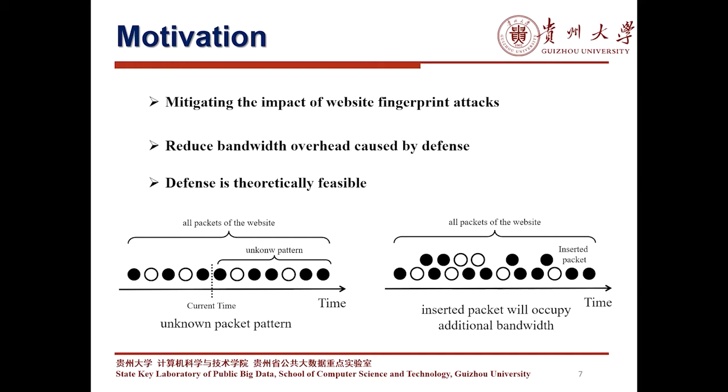Therefore, reducing bandwidth overhead is also important. Finally, the defense should be applicable in practice. Website Fingerprinting Game and Mockingbird use global traffic to achieve the purpose of defense, which is likely to be ineffective in practice.